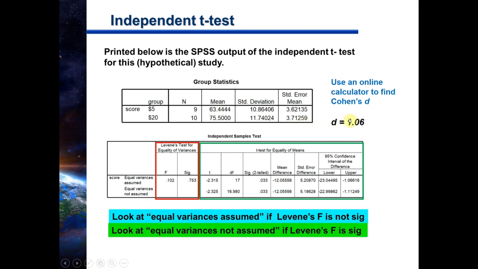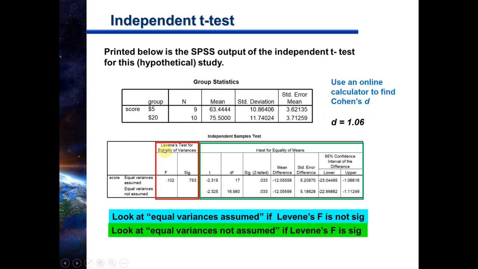Cohen's d I had to calculate with the online calculator. And we're not going to care about this Cohen's d so much unless we get a significant result. All right. Now, this would be a huge effect size if we get a significant result. So let's look at Levene's test first.